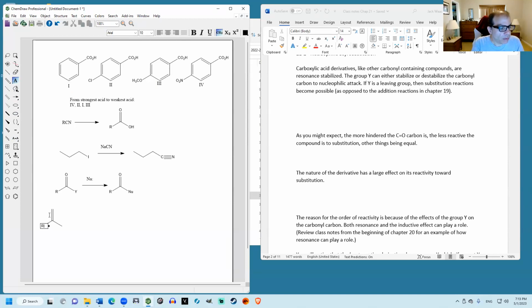starts with carboxylic acids as the least reactive acyl derivative. So this is the order of acyl derivative reactivity from least reactive to most reactive.